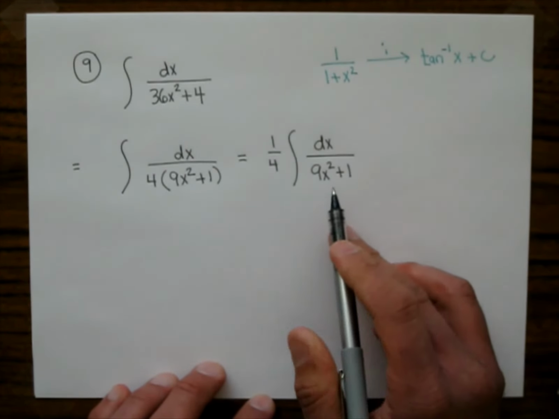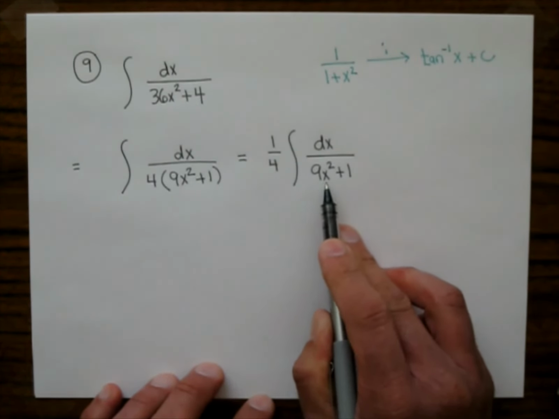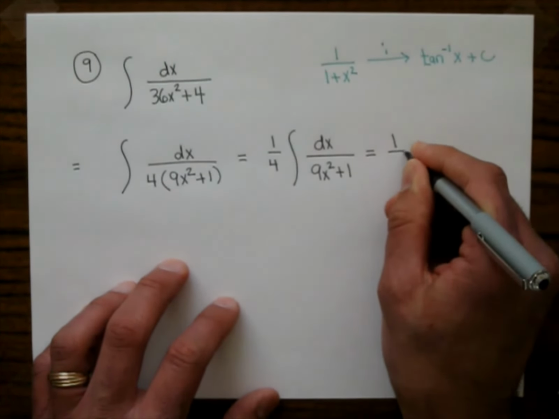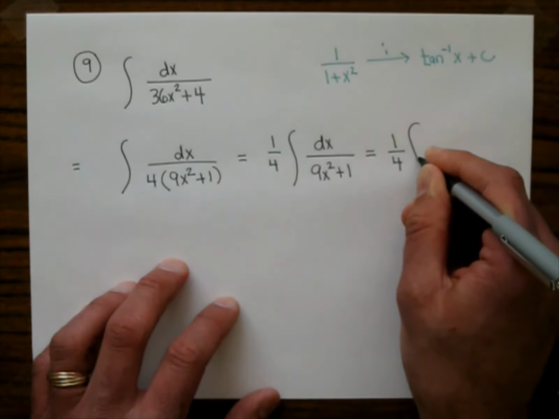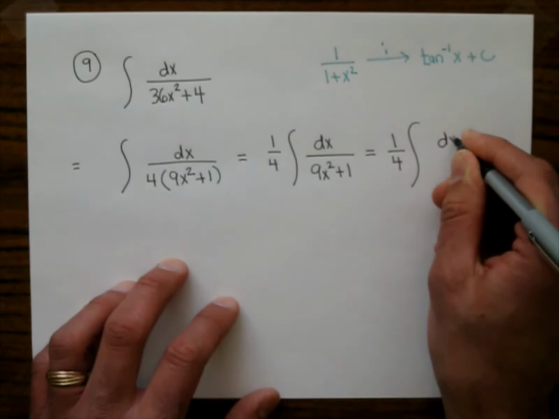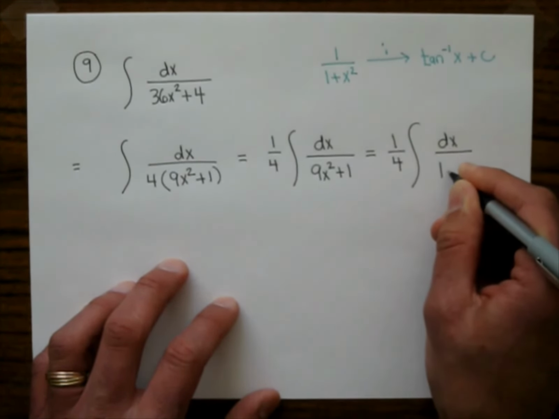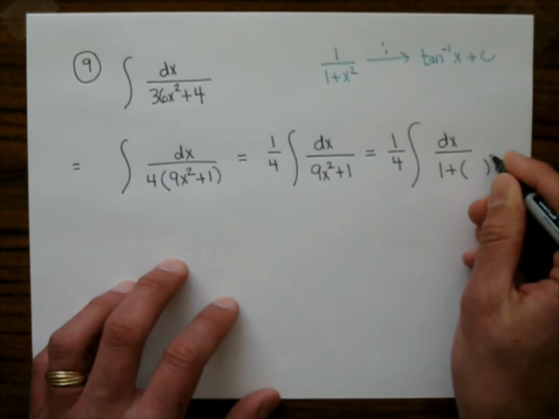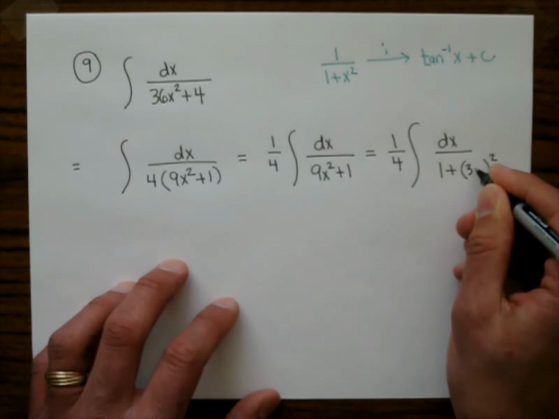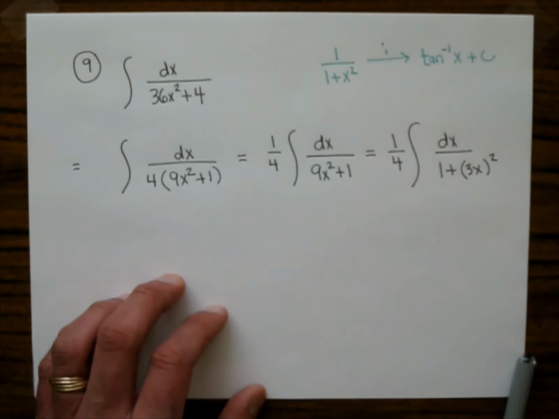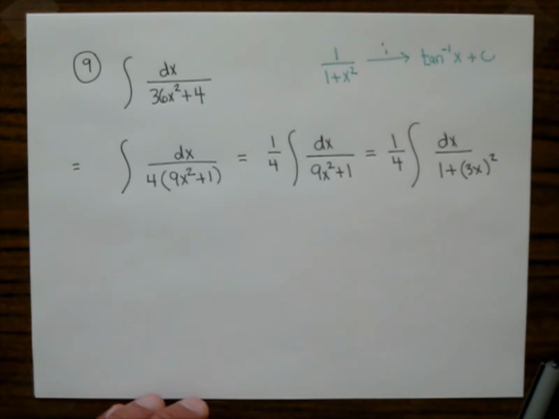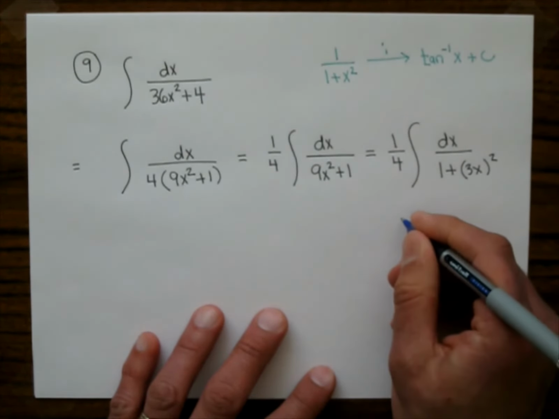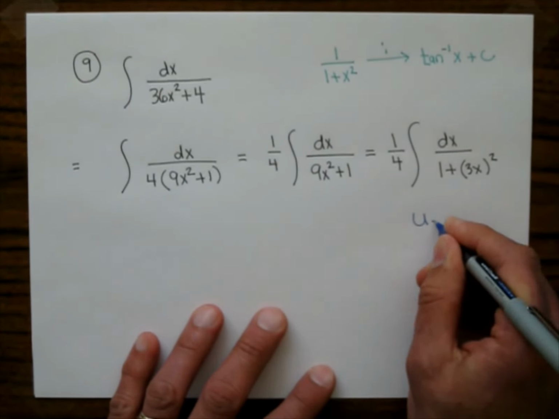But we do have something squared here. So let me rewrite this so it says 1/4, and this is dx. I will put the 1 first. So I have 1 plus, and this is something squared. It's 3x quantity squared. So maybe if we are trying to pick what u can be, what do you want to be when you grow up?